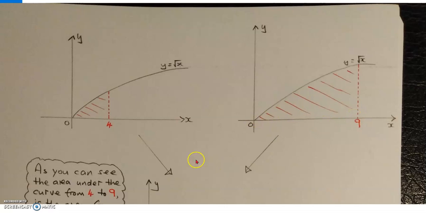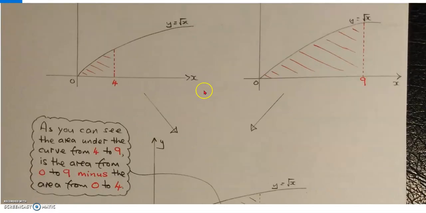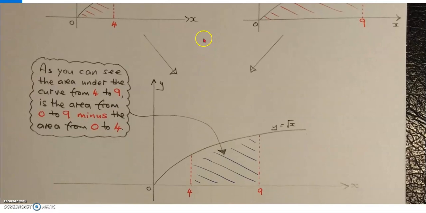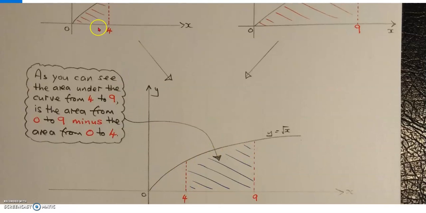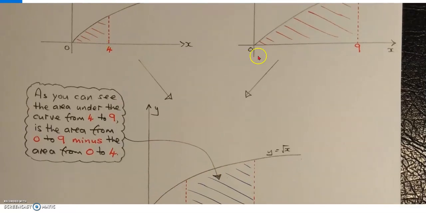Now imagine we combine these two graphs together like that, and you can see that the area we're being asked to find between x equals 4 and x equals 9 is really that smaller area, the 4 area in this little corner, being taken away from this much bigger area.